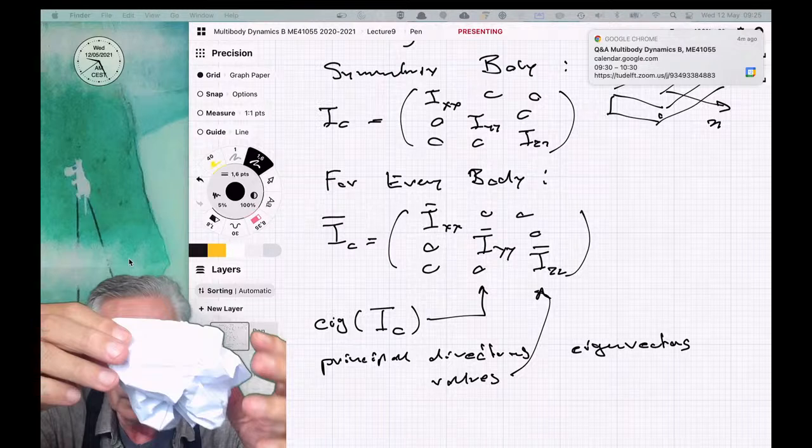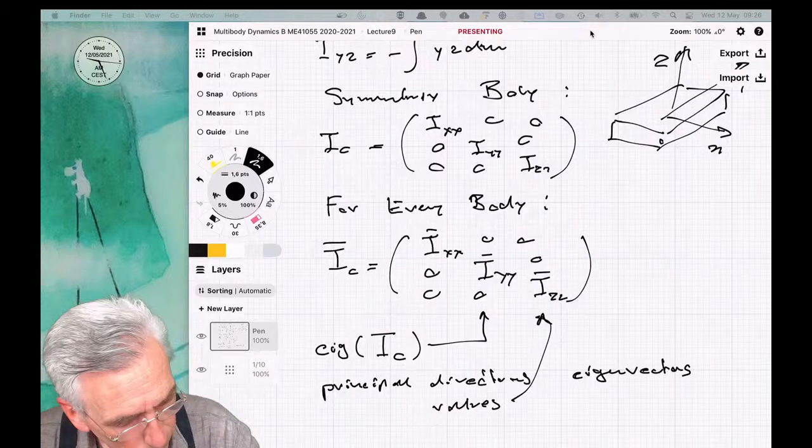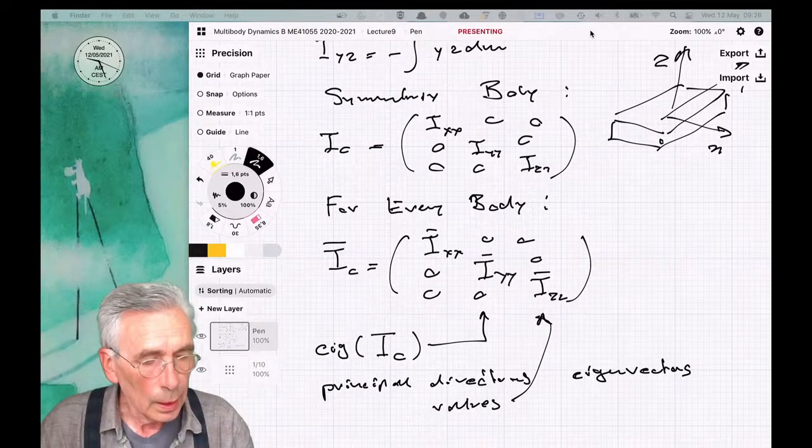However, if you determine the eigenvalues and eigenvectors and transform the mass moment of inertia to them, you end up with these nice principal values and all these zeros. And if you do that, then the Euler equations of motion break down. So if you use principal directions for your body-fixed coordinate, B, try it.